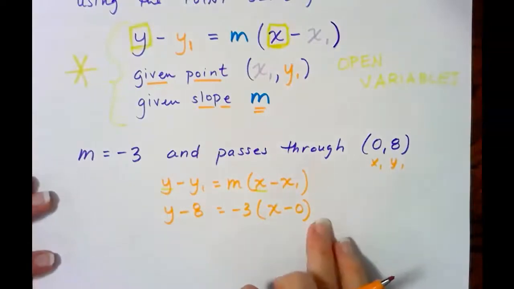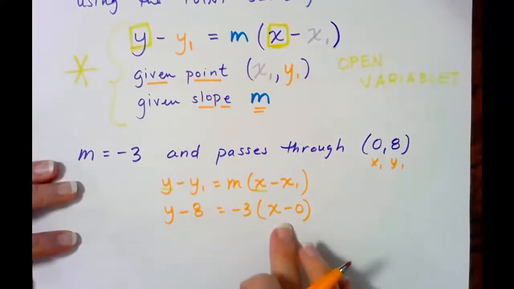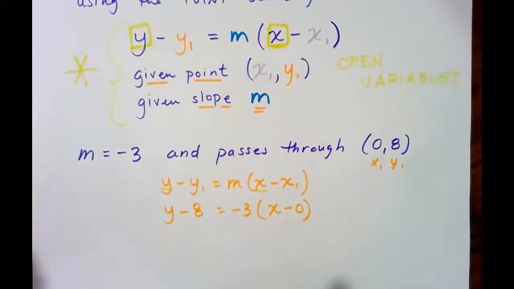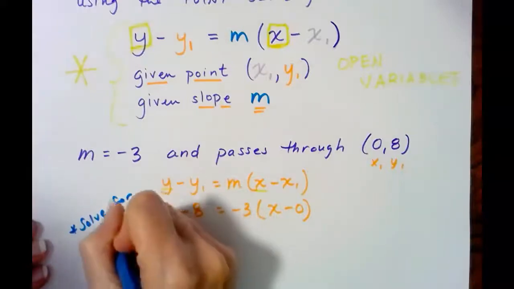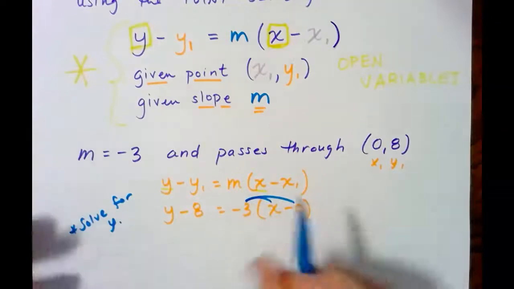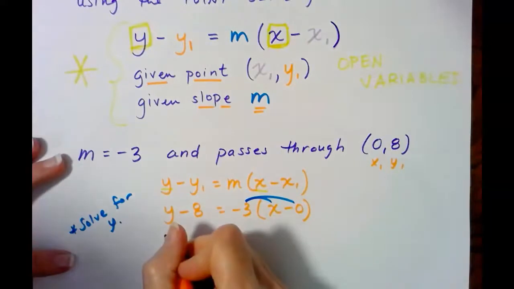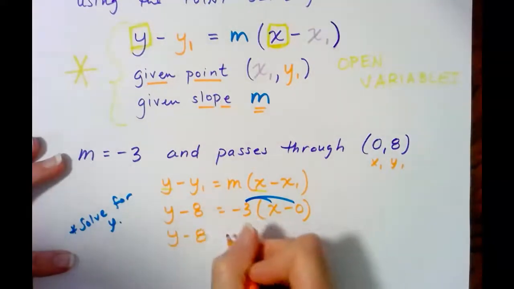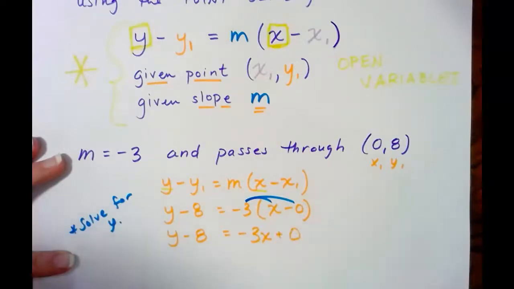Now, currently, this equation is in the point slope form. Now, let's change it to the slope intercept form. And in order to do that, all we have to do is solve for y. So to solve for y, let's distribute this negative 3. So y minus 8 equals negative 3x plus 0.